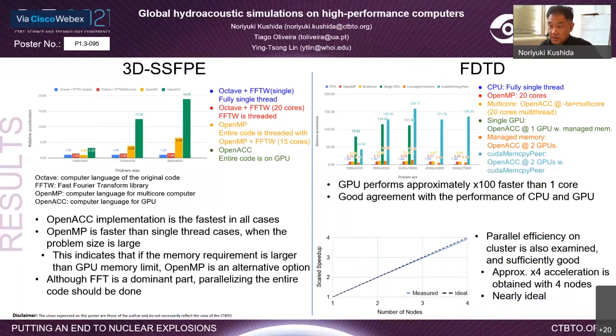And this is a result of speed up, and we selected one code named 3D-SSFP parabolic equation solver, and we achieved almost 20 times acceleration from the one core CPU code, and also we ported FBTD code, and in this case we achieved almost 100 times acceleration from one core CPU. And also this code is parallelized onto the cluster system, and the parallelization efficiency is quite ideal.